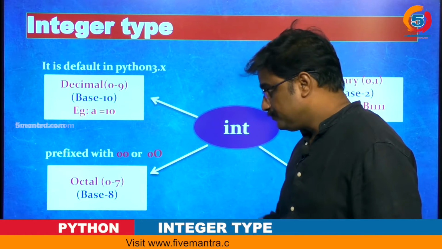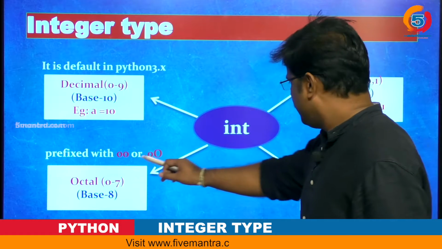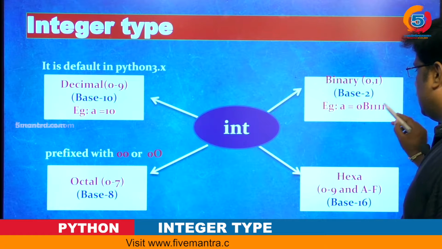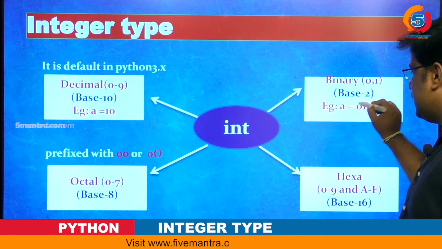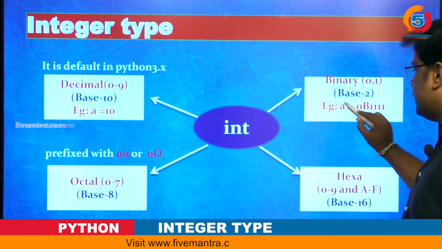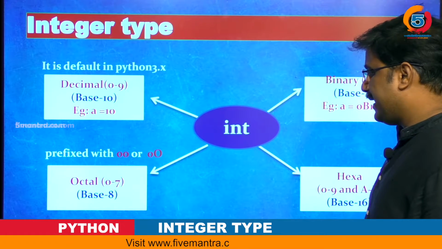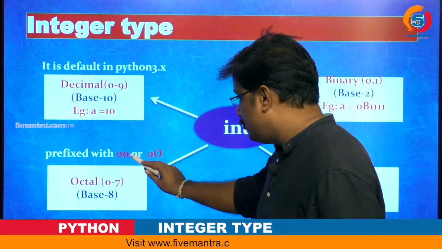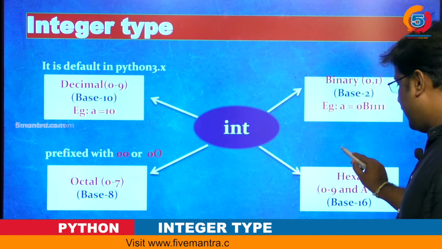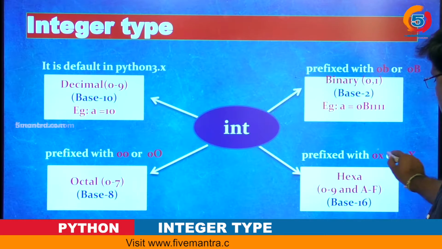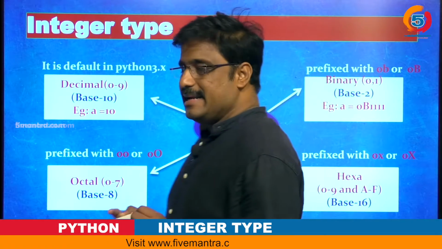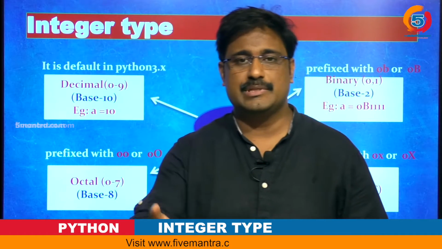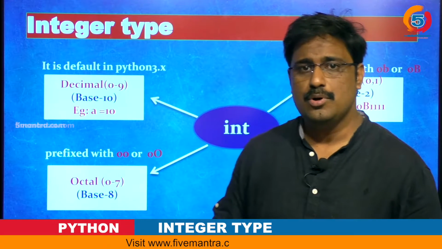Now, octal must have a prefix. In the same way, a equal to 0b1111. This number we represented is a number in binary format that is saved in a, and that is nothing but an integer. 0b represents binary, 0o represents octal, and 0x represents hexadecimal. 0x or capital X, there is no differentiation, you can use small x or capital X, there is no case difference.